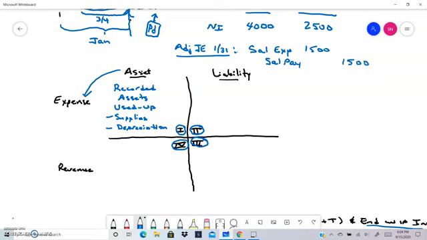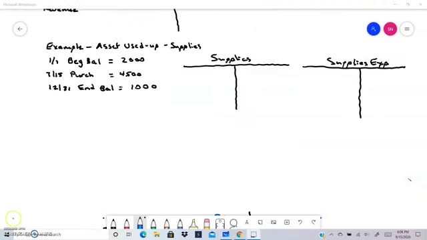So let's take an example of how that would work. We are looking at the supplies account, and we have a beginning balance on January 1st of $2,000. We make a purchase throughout the year on July 15th of $4,500.